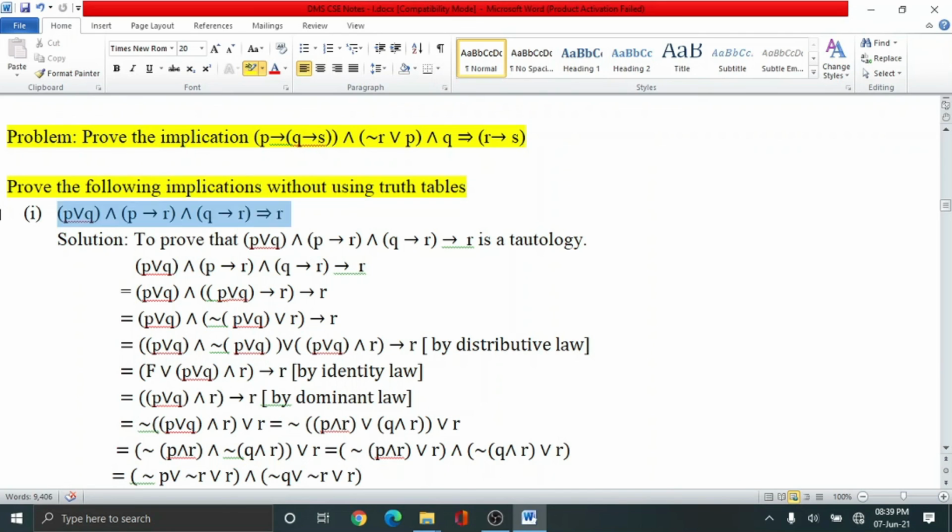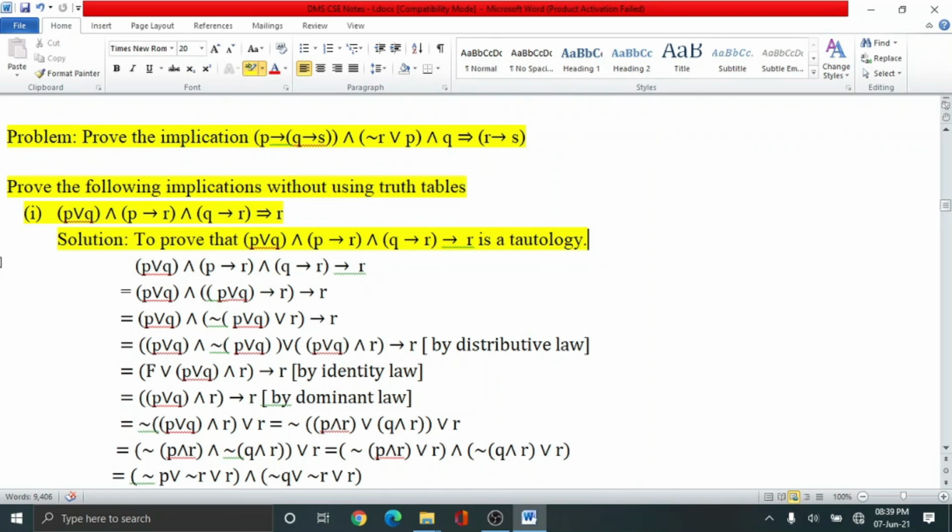So suppose this is a given statement, P disjunction Q conjunction P implies R conjunction Q implies R is tautologically implied to R, and to prove this we require to prove that P disjunction Q conjunction P implies R conjunction Q implies R implies R is a tautology.